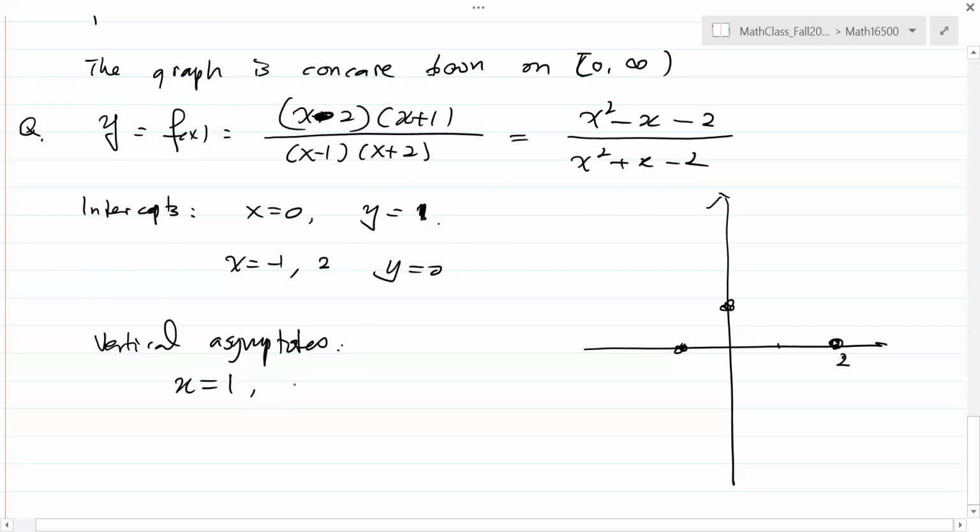So x is going to be 1, x equals -2. So -2 is here, and this is a 1 and a 2. The graph passes through those 3 points, but we also have 2 vertical lines. Horizontal asymptote, clearly y equals 1.